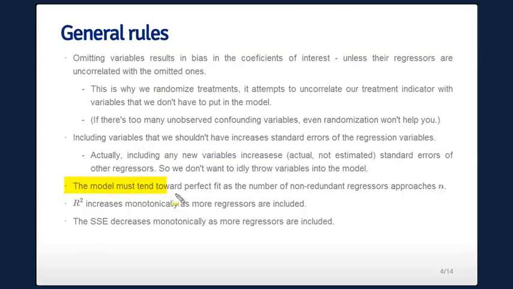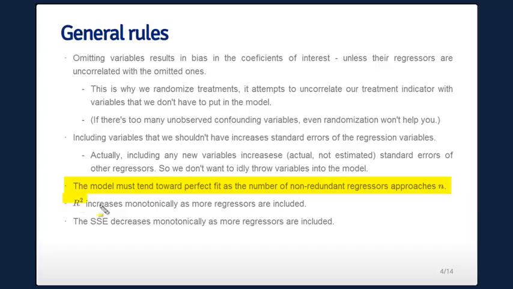Another thing is the model always tends towards perfect fit as the number of non-redundant regressors approaches n. By non-redundant, I mean the model doesn't do anything more if you include x and 2x and 4x, right? Those are all just the same variable with a different multiplier. But if you have a response y and there's 20 measurements, and you include 20 regressors that are just simulated random noise, then you will achieve perfect fit, even though those regressors have nothing to do with y.